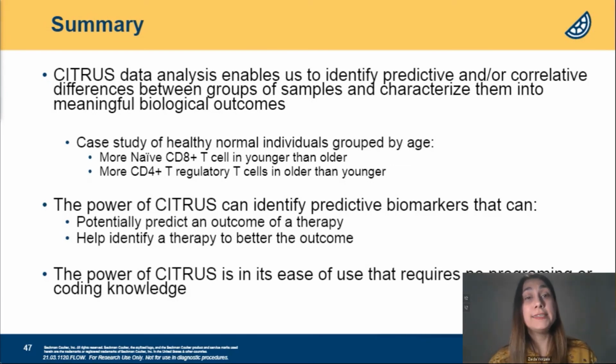In our case study, we took different healthy normal individuals, we grouped them by age, and after running a Citrus analysis, we find out that 2 biological signatures that define these groups is that there are more naive CD8 positive T cells in younger than in older, and that there are more CD4 positive Tregs in the older.